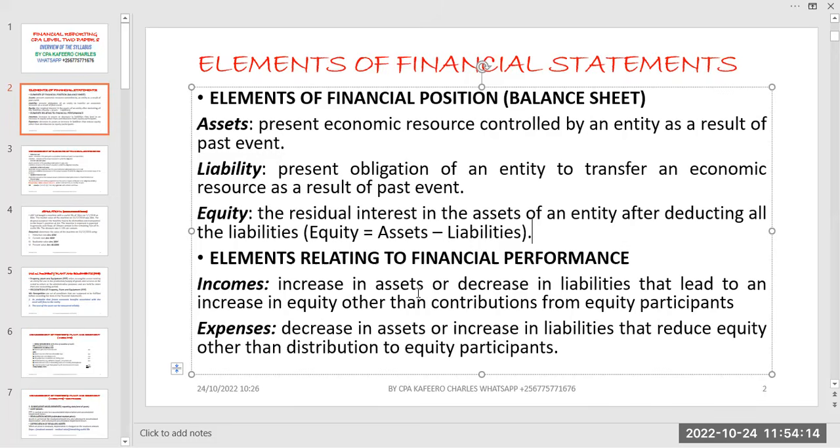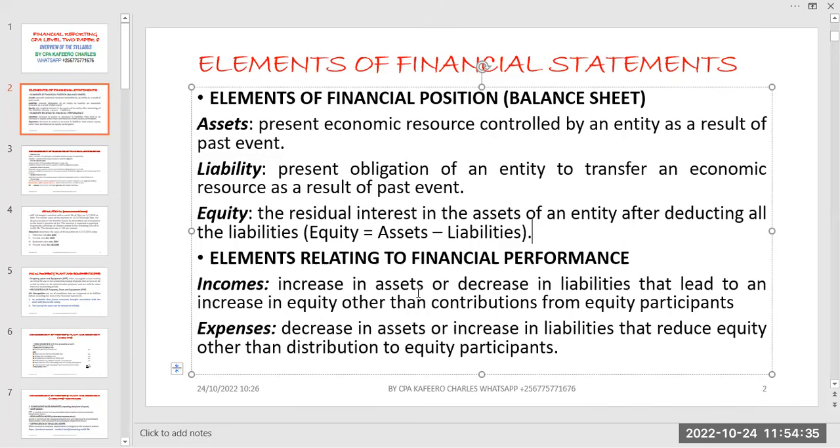So increase in liabilities is also an expense, but those ones must lead to a reduction in equity other than the distribution to equity participants. Distribution to equity participants, we are talking about the dividends. Dividends are not expenses.